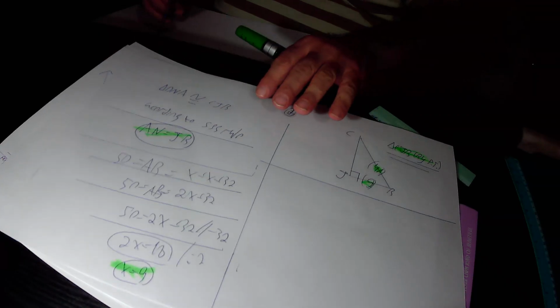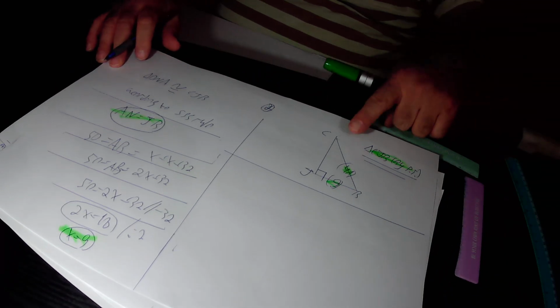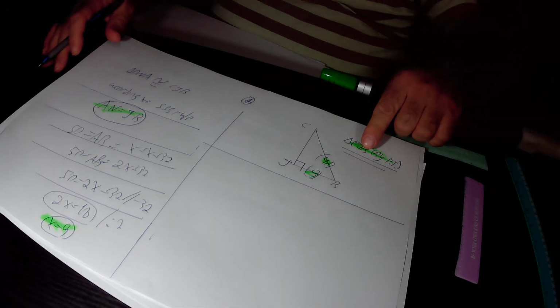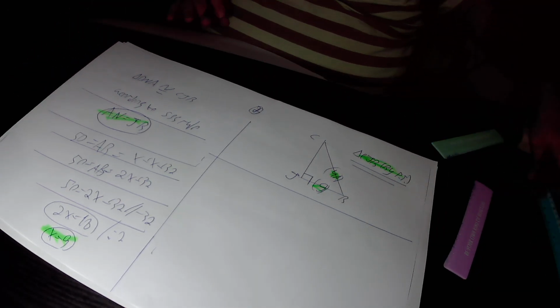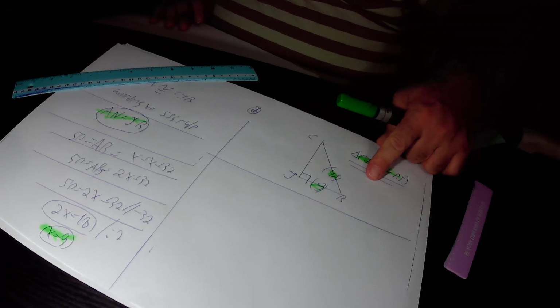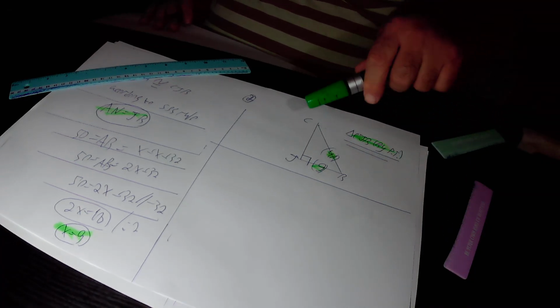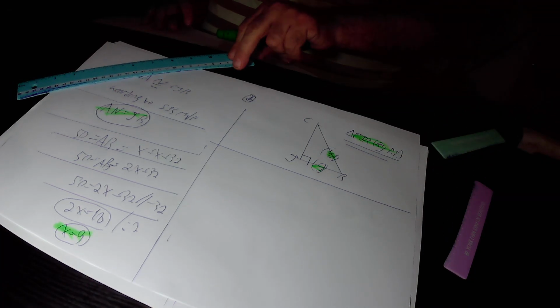So actually, this is the right triangle CJB from the original domain. In this right triangle CJB, CB squared, that is the square of the hypotenuse, equals CJ squared plus JB squared. So I'll write it down.